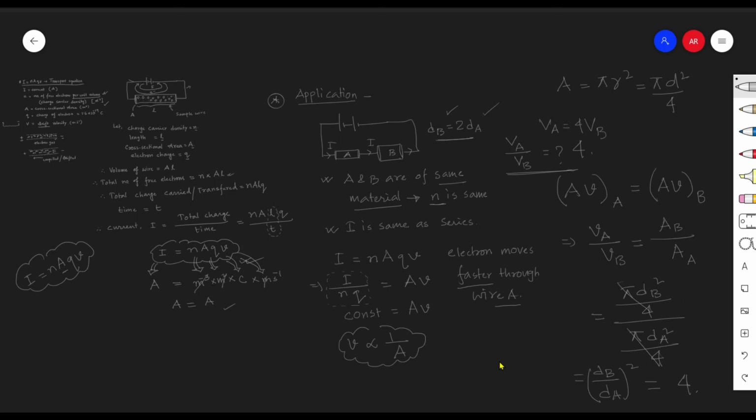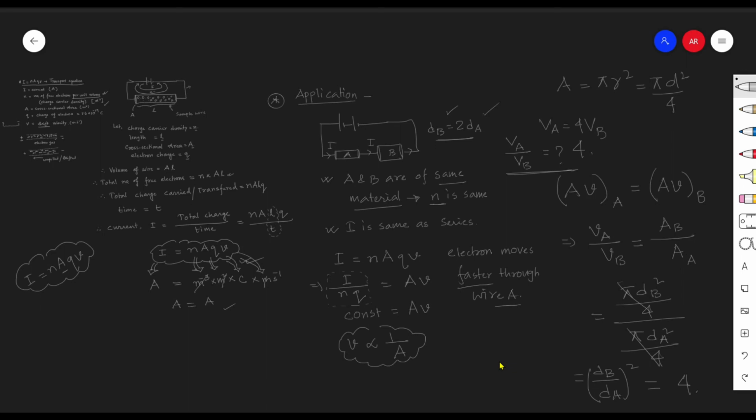If they are connected in parallel, then current will not be the same, so we won't be able to compare the drift velocity in terms of their dimension or in terms of their difference in the value of n. So the equation here, I equals nAqv, we are implementing this, comparing the drift velocity with the cross-sectional area or with the number of free electrons per unit volume.